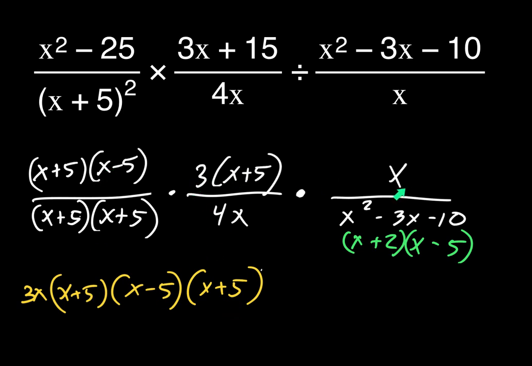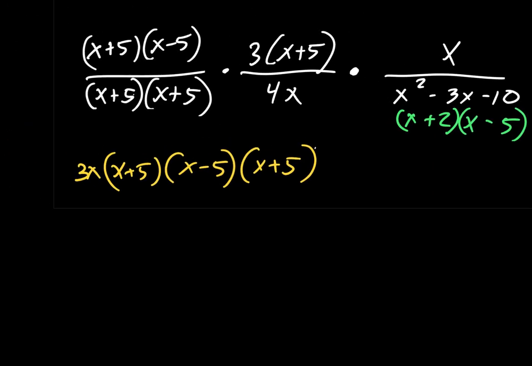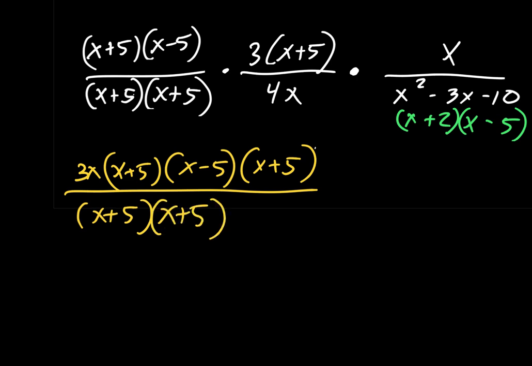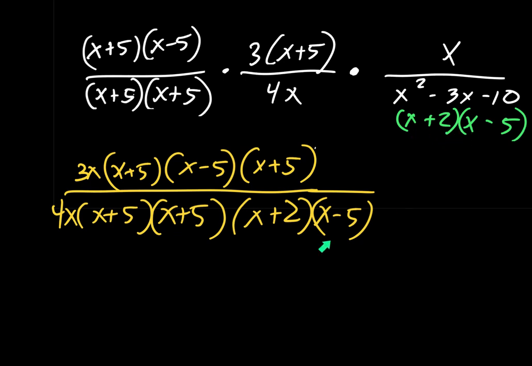I got the 3 and the x as individual items. I'll put them out in front. In the denominator, I have an x plus 5, another x plus 5, the 4x I'm going to throw out in front, and the last one is x plus 2 and x minus 5, because that was from this one over here. So that's all of my denominators.